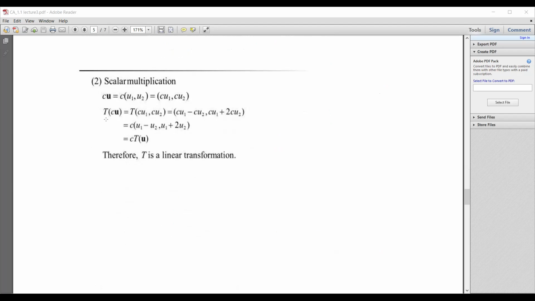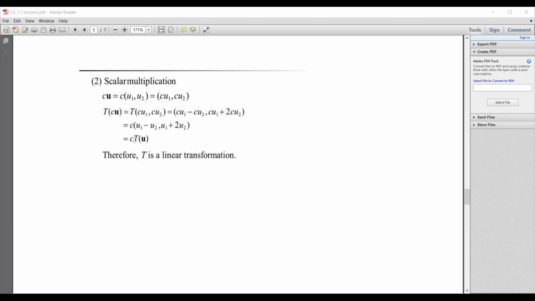Now we have to find T of CU, that is T of C U1 comma C U2. From the definition of T, this is equal to CU1 minus CU2 comma CU1 plus 2C U2. Now if we take the scalar C outside, we finally get C into U1 minus U2 comma U1 plus 2 into U2.